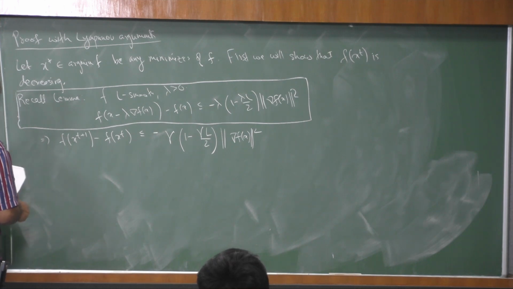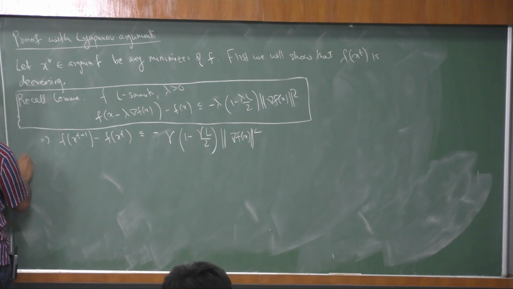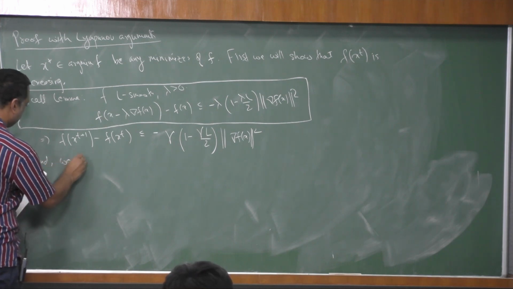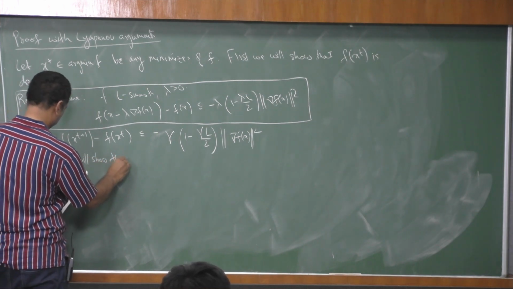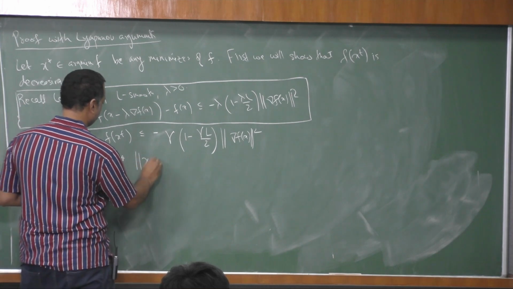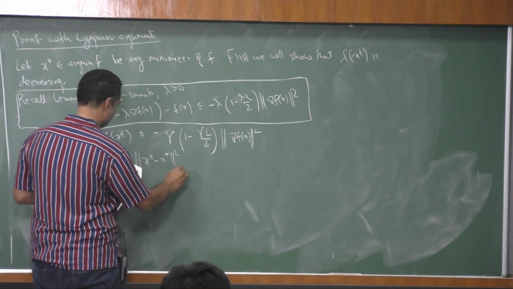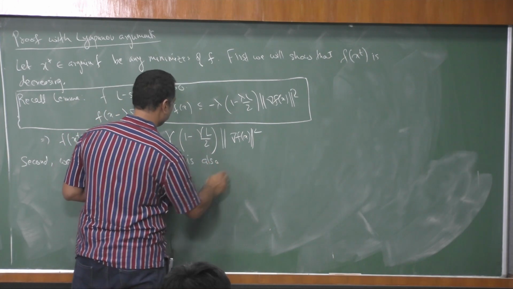Now we want to show that the subsequent iterates are decreasing. So second, we will show that the norm of x_t minus x star, whole square, is also decreasing.